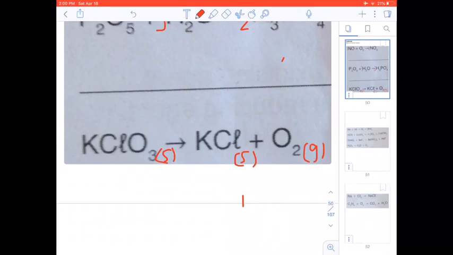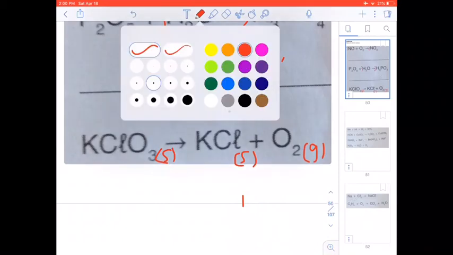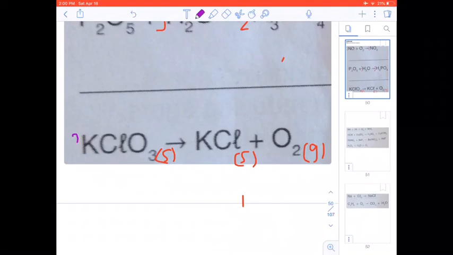Let's use a different color. It gives me 2 of that and 2 KCl, which means I've got 2 Ks, 2 Cl, but I've got 6 oxygens on the left and only 2, so it's 3O2, and that's balanced.